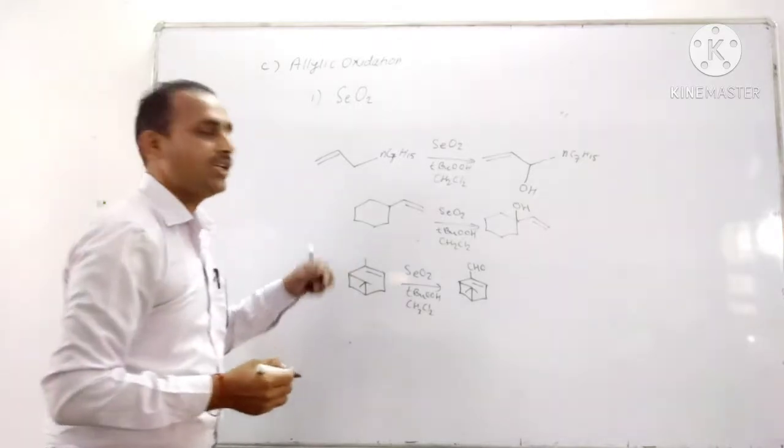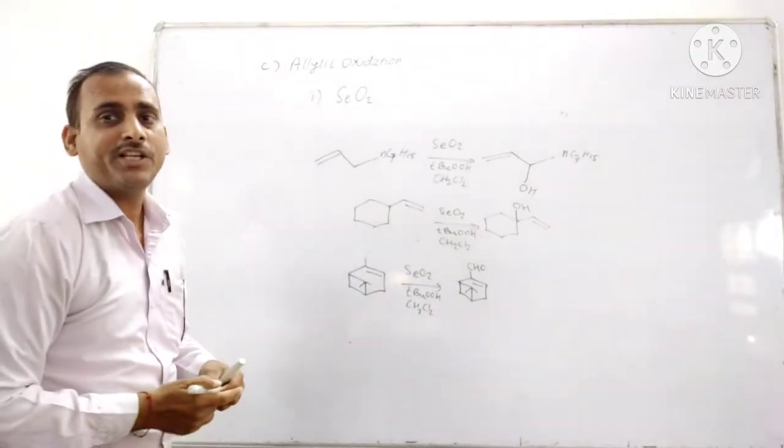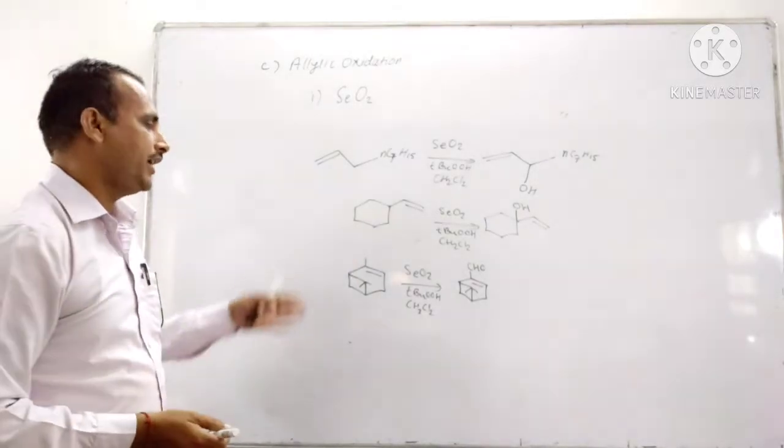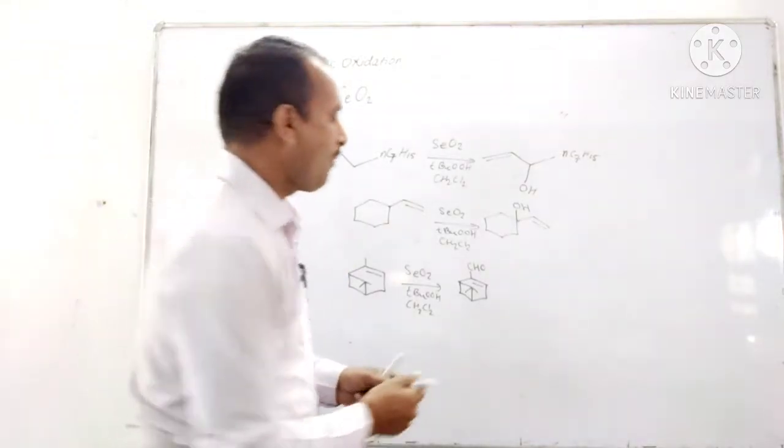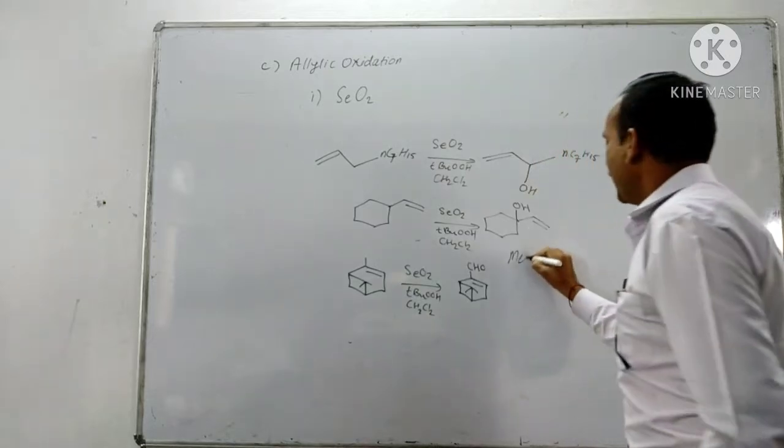So this allylic CH3 undergoes oxidation to form the aldehyde. Let's see the mechanism of this reaction.